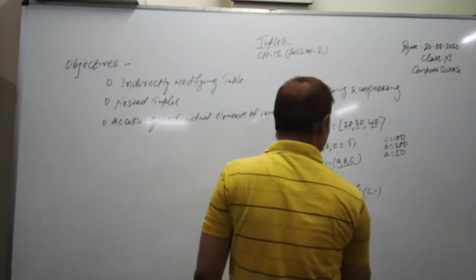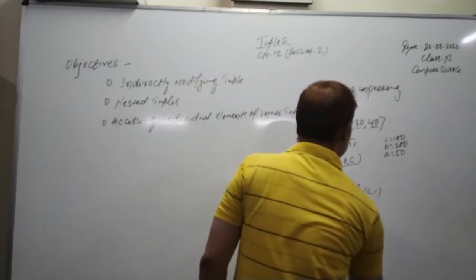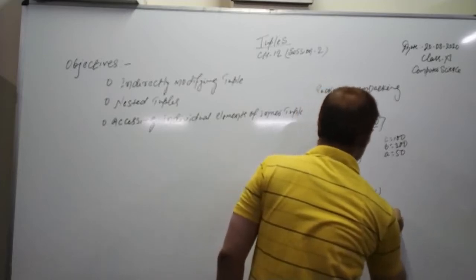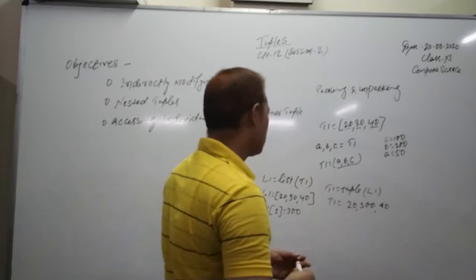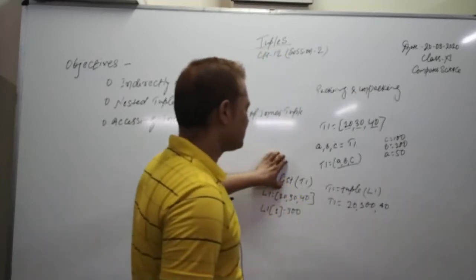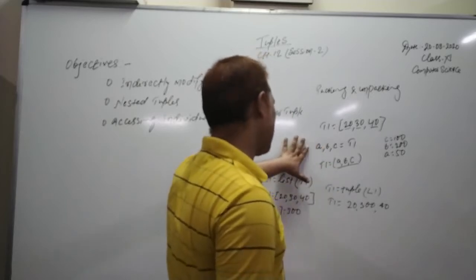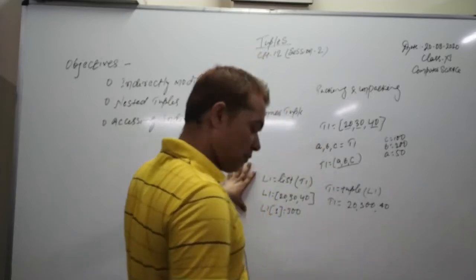So if you see T1, it will show you 20, then 300 and 40. So this way, by using the constructors of the list and tuple classes, you can indirectly modify an element of the tuple. I hope this is very clear.